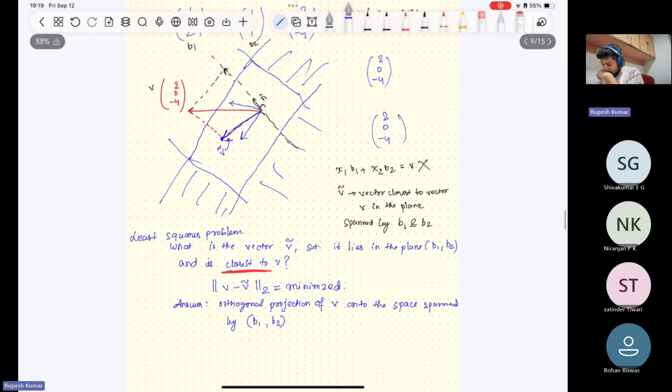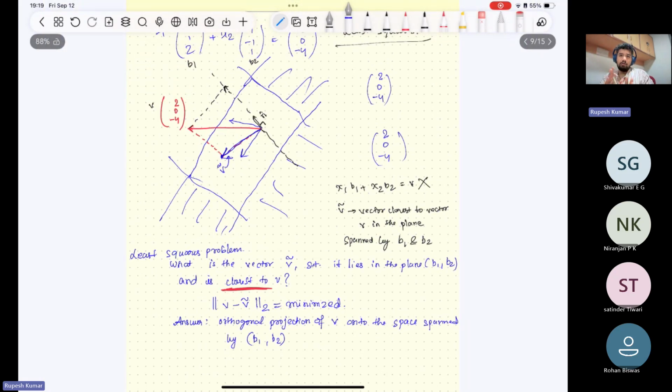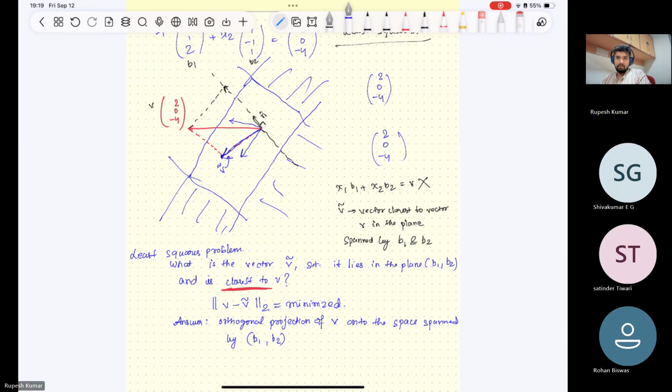Now, how to find the orthogonal projection? You all know, we have solved this problem. Does anyone have any doubts in this? No one has any doubt.